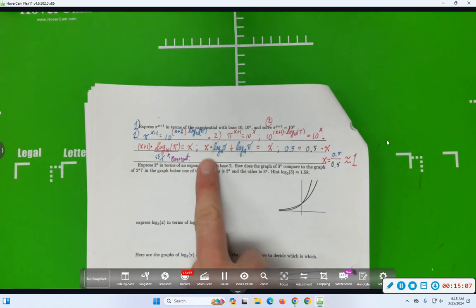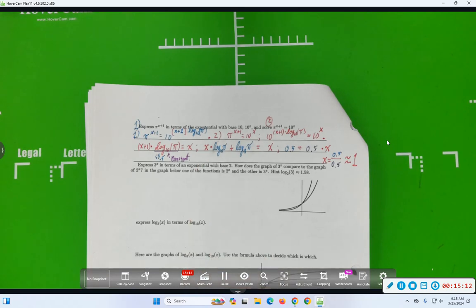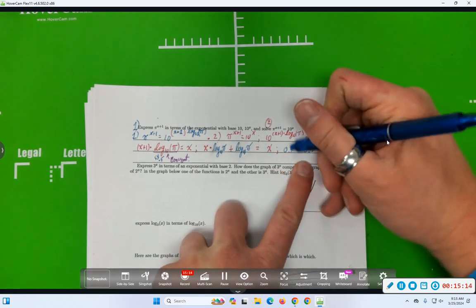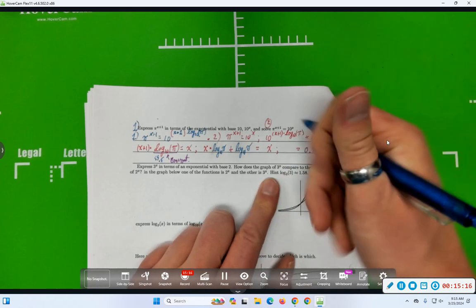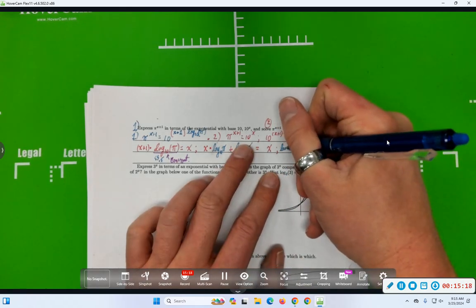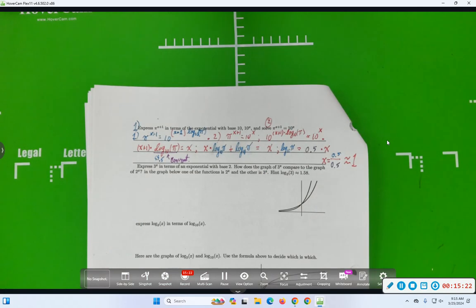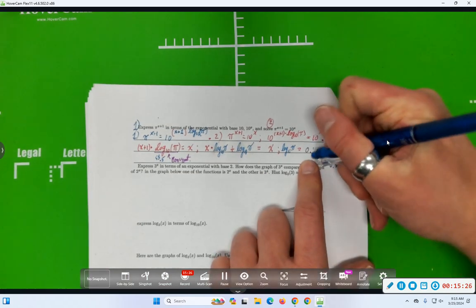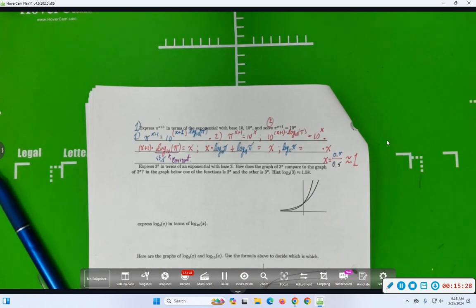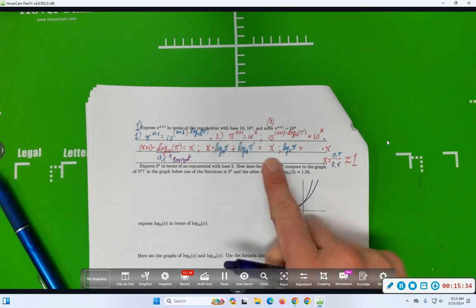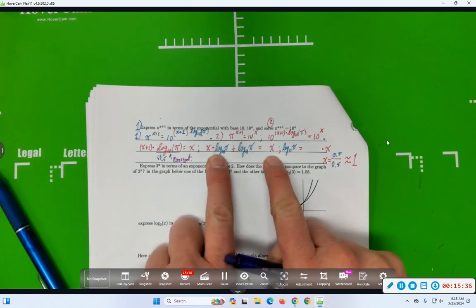And then we subtracted this over to the other side. So this blue 0.5 is still log base 10 of pi. So far, so good. That purple 0.5 isn't log base 10 of pi anymore. It's 1 minus log base 10 of pi, because it was 1x minus that many x's.